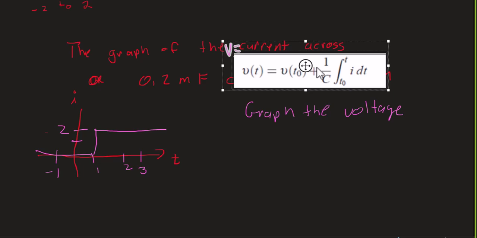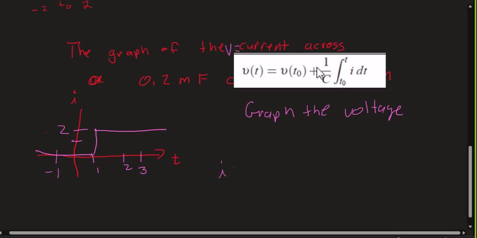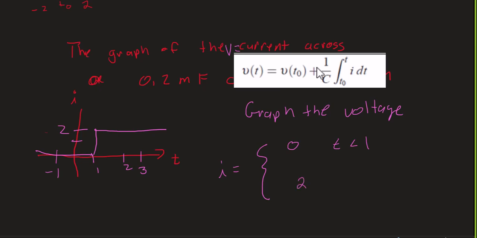So in order to do this, we have to know what our current function is. It is 0 for t less than 1. It is 2 for t greater than 1.